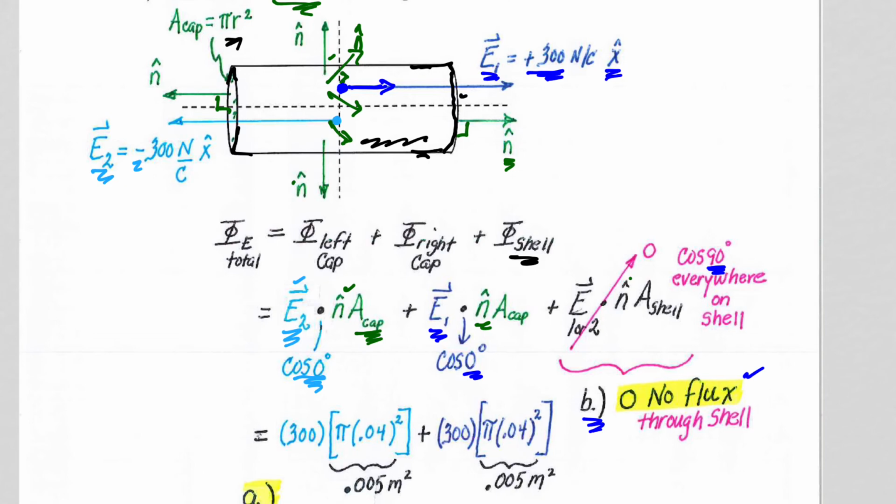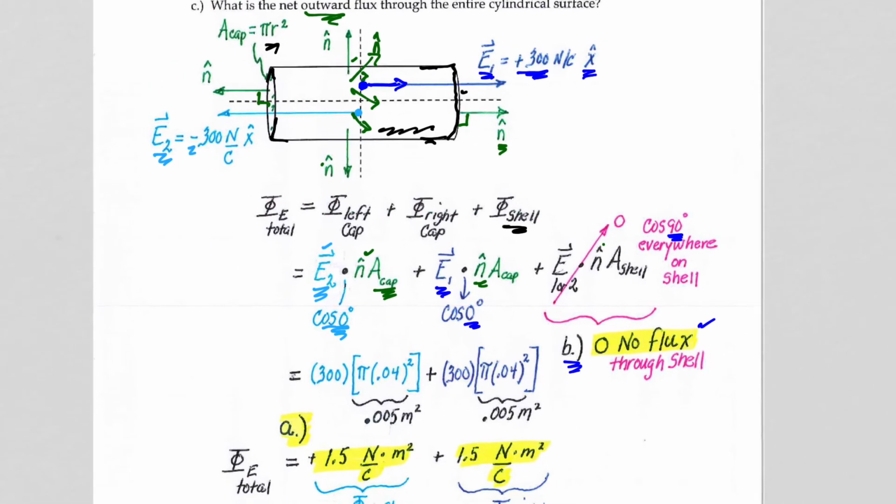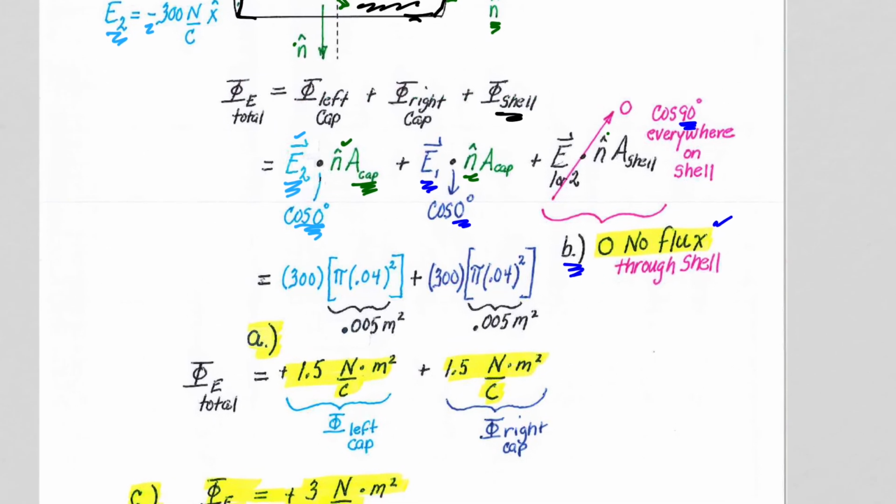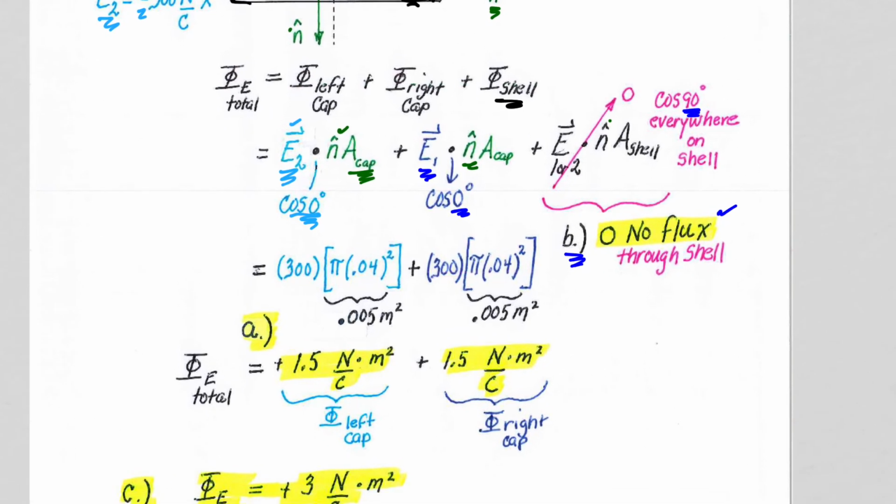Well, when we finish our mathematics and calculate the flux through those two end caps, those both add because they are outward flux. Notice cosine of 0 degrees and cosine of 0 degrees gives us two positives. Cosine of 0 is positive, 1 in both cases.